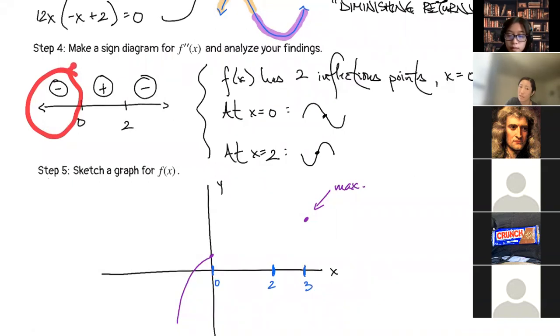Second derivative is negative, means concave down. But at x equals 0, I have to suddenly make this concave up. So it flattens out and then it looks like this. See how it changed to now it's part of something that is holding water. So this part is concave up.